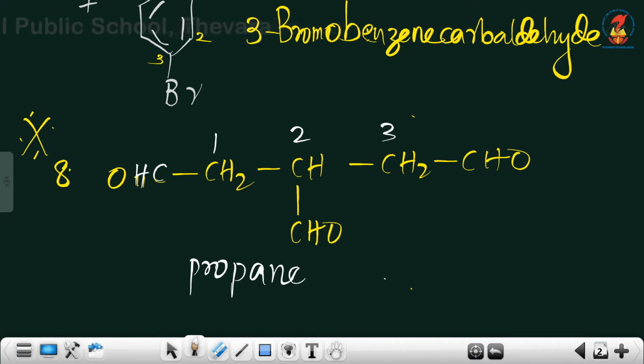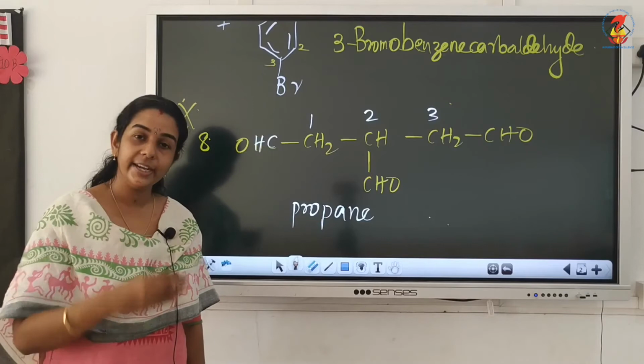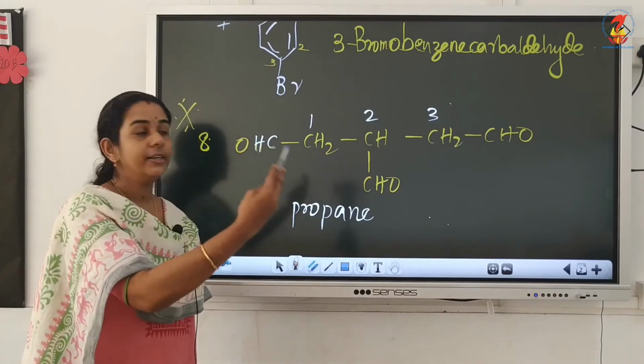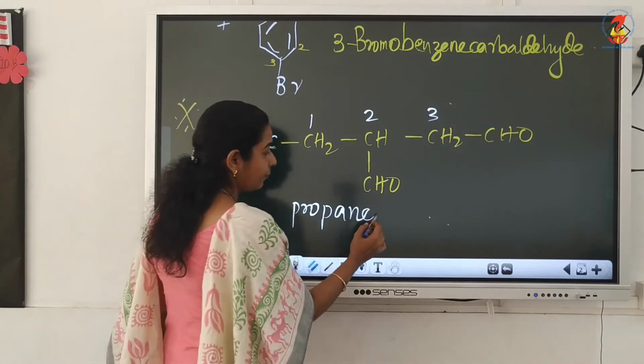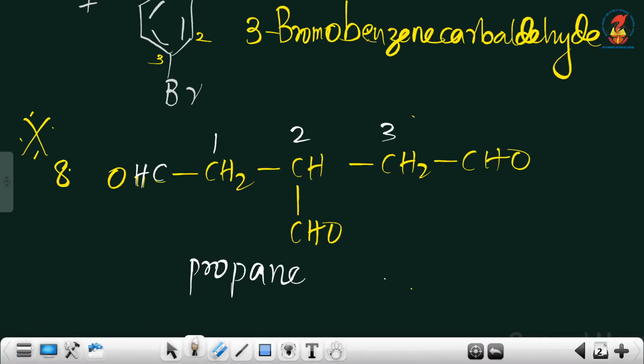Propane. What about the position of the 3 CHO groups? One is on the first carbon, then the second carbon, third carbon. And the functional group is aldehyde. The suffix is al. So, how can we write that? It is propane-1,2,3-trial.